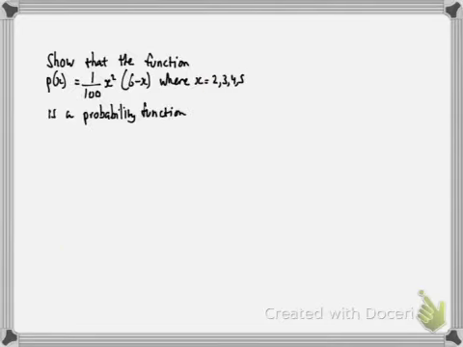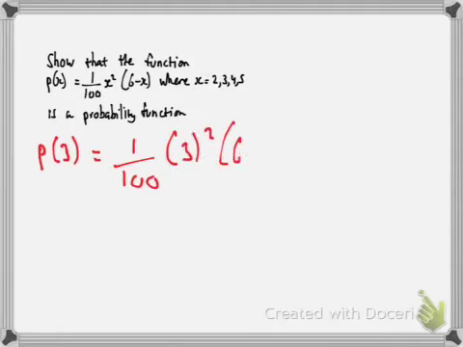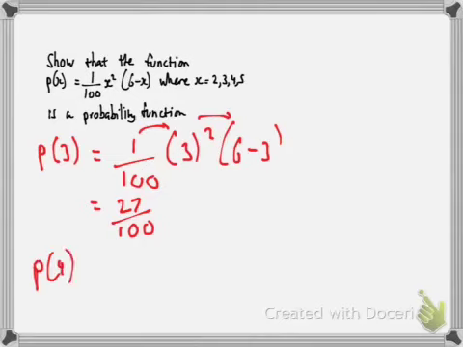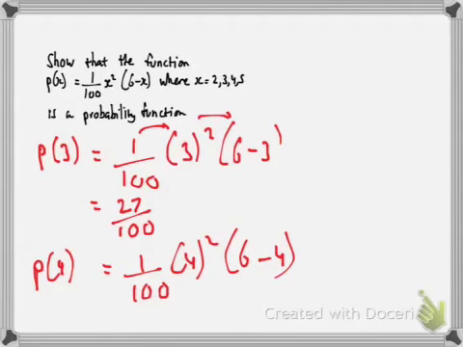So, same process now with 3. P of 3 equals 1 over 100 times 3 squared times (6 minus 3). 3 squared is 9, times another 3 is 27 on 100. P of 4 equals 1 over 100 times 4 squared times (6 minus 4) equals 16 times 2 is 32 on 100.